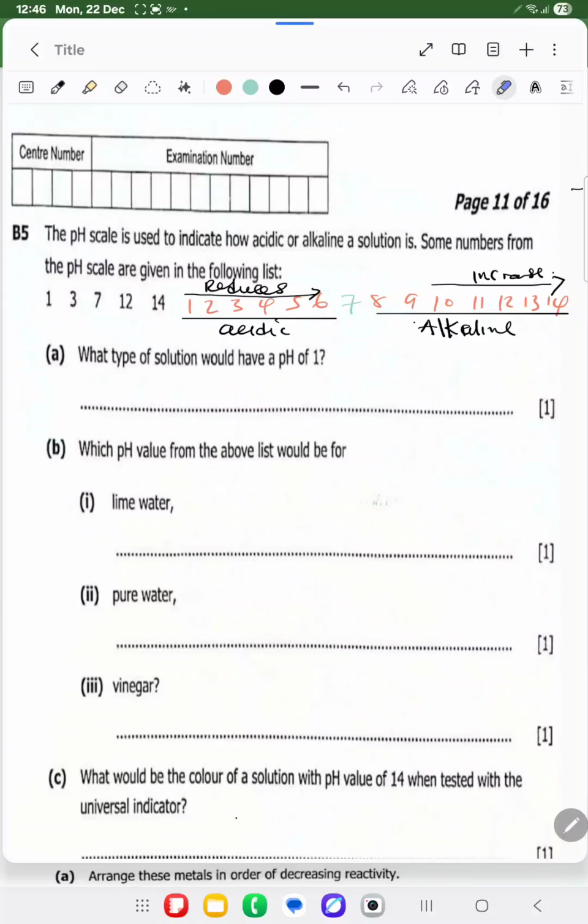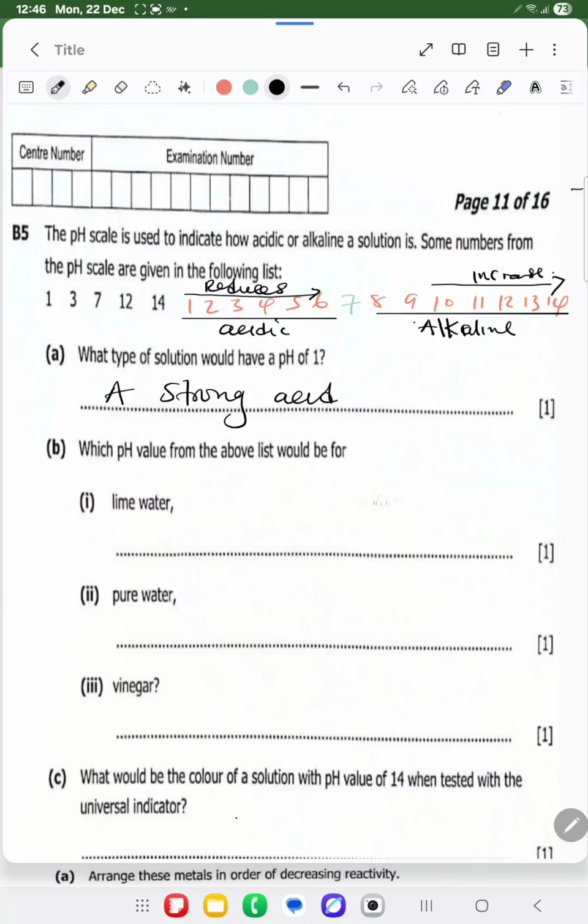Examples of strong acids are sulfuric acid and nitric acid. Those are strong acids that exist. So you just say a strong acid. That is the type of solution that would have a pH of 1.